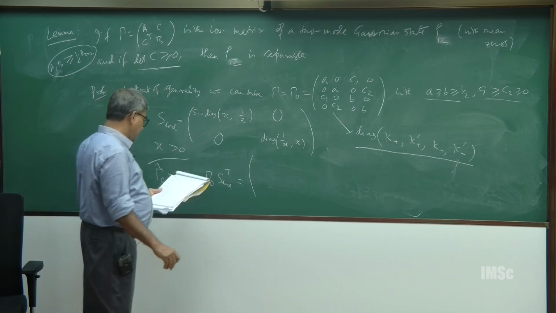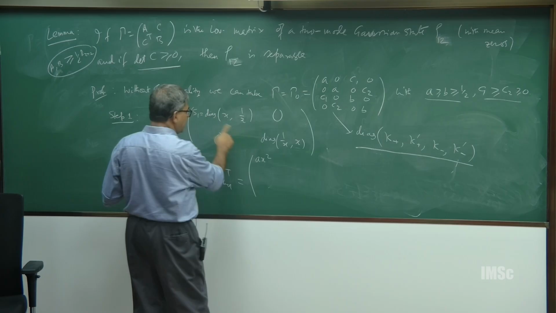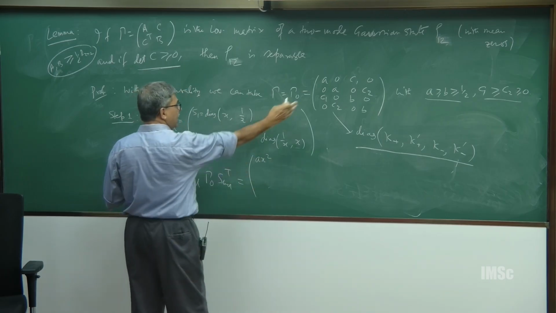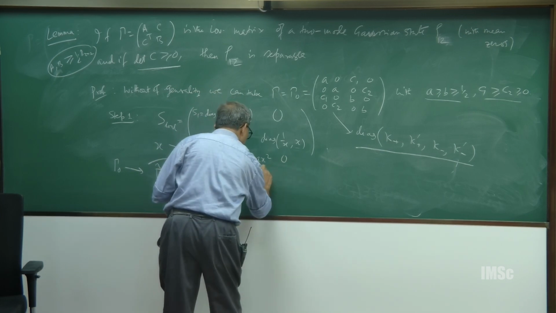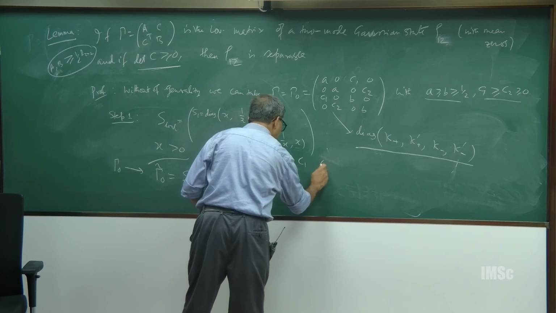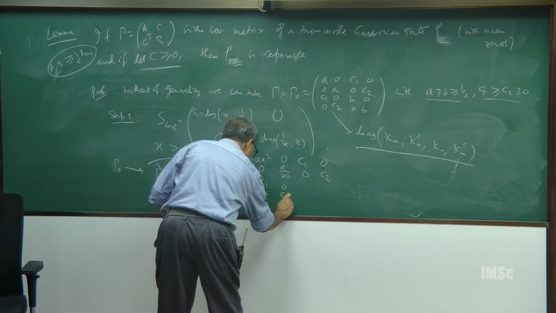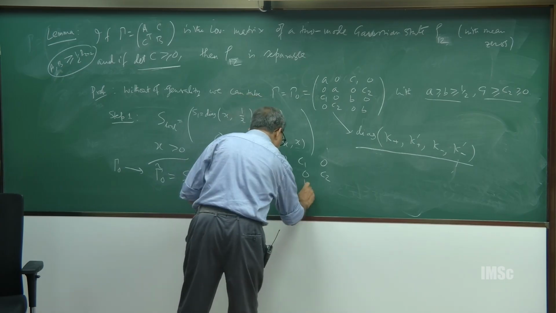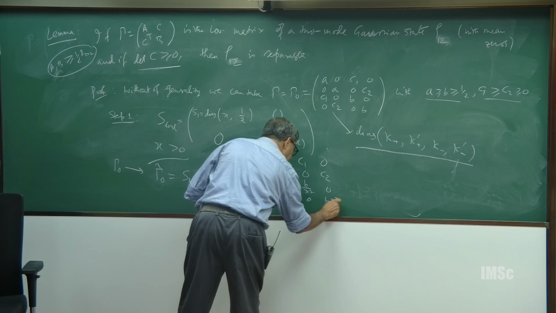So, this will be A x square, because only the diagonal entries will be affected, off diagonal will not be affected, A x square 0 0 A by x square, then this is C 1 0 0 C 2, and then this is B by x square 0 0 B x square.